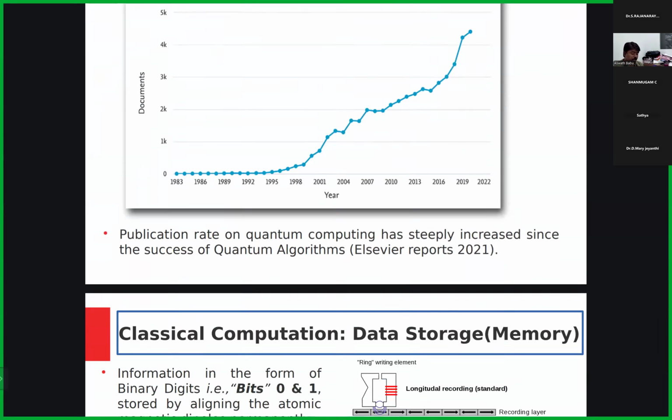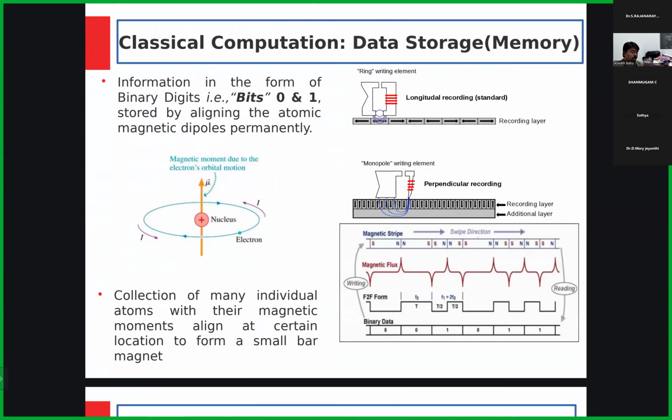Now, how is classical memory realized in classical computers? The basic physics, as you know, is that there are atoms, with electrons revolving around the atom. Let's see how classical memory is realized.